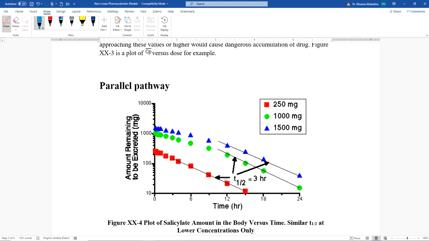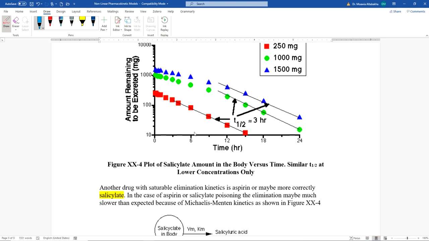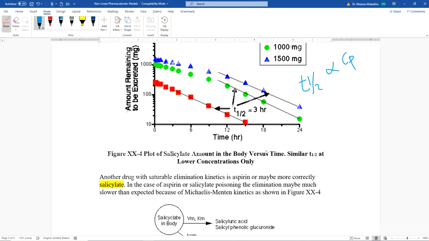In this case the half-life is related to how much drug is in here. So note that T half of zero order is proportional to the concentration, meaning the more the concentration or the dose that I give increases, the half-life will increase.